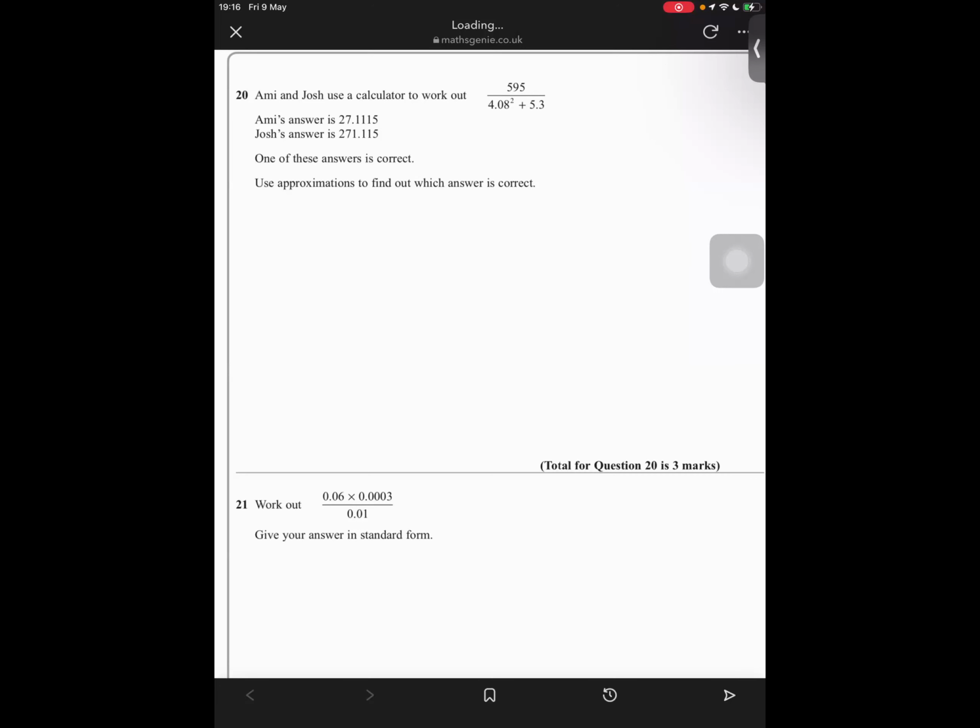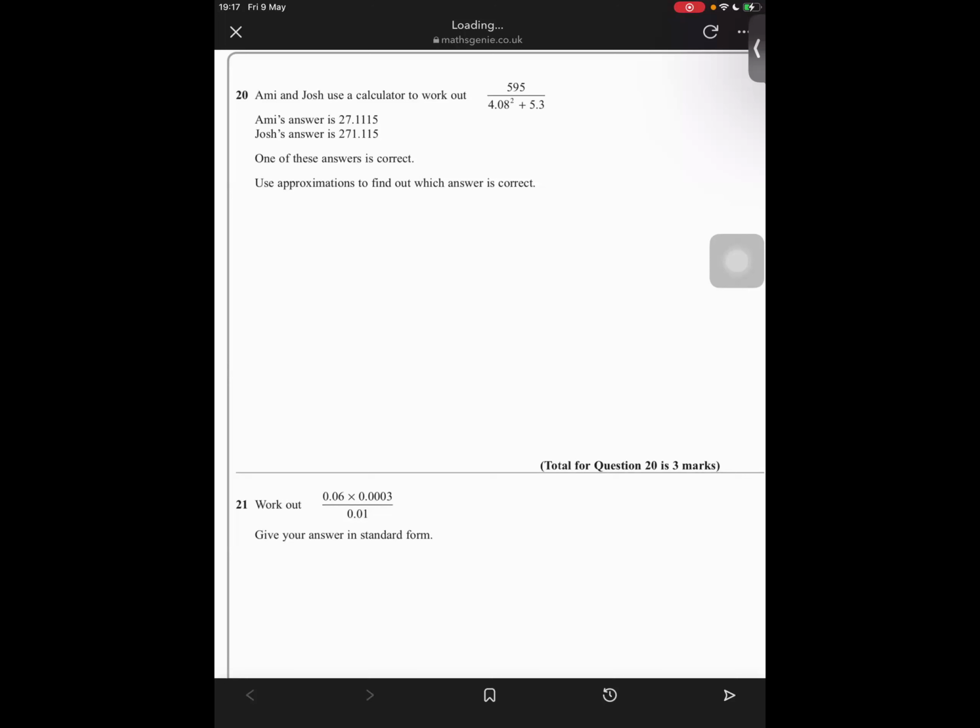Okay, so let's see how it all plays out. We have 600 on top. We have 4 squared underneath, and we know that 4 squared is 16. Then we have 5. Now, should we play around with that 16 a bit? Can we approximate 16 to 15, or would we rather move it to 20?